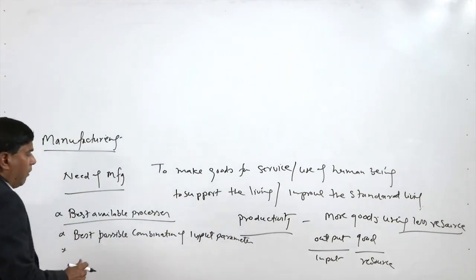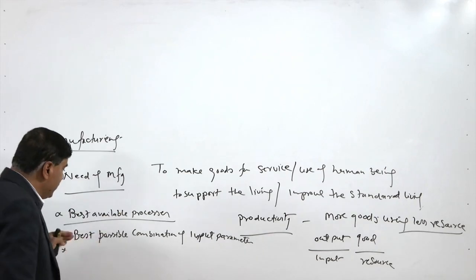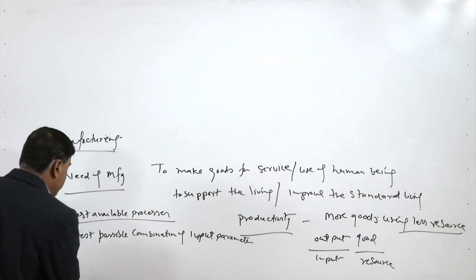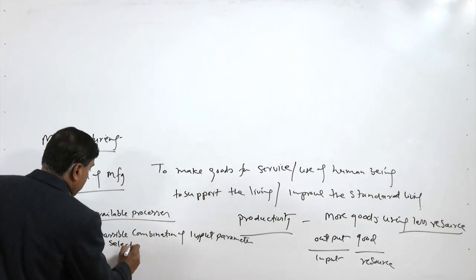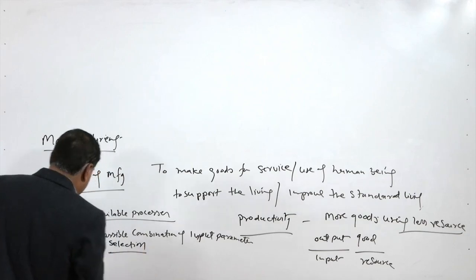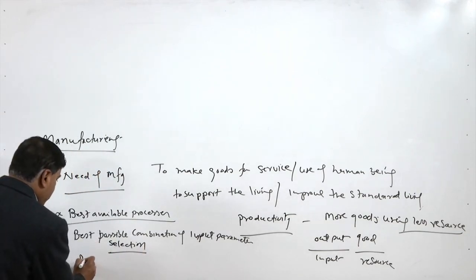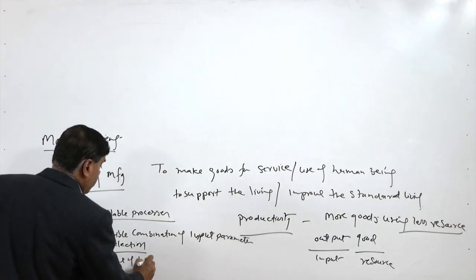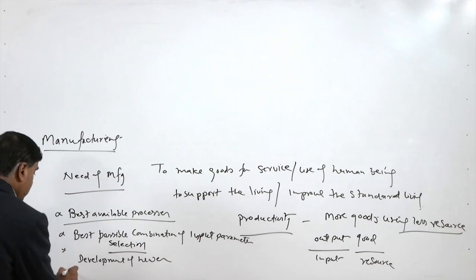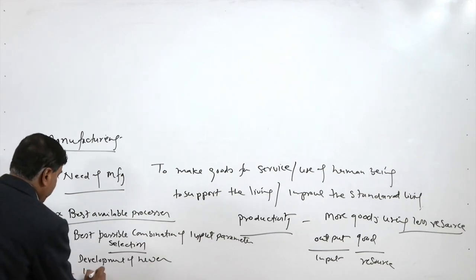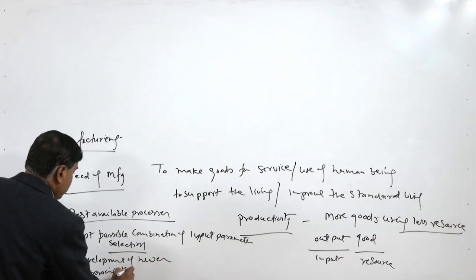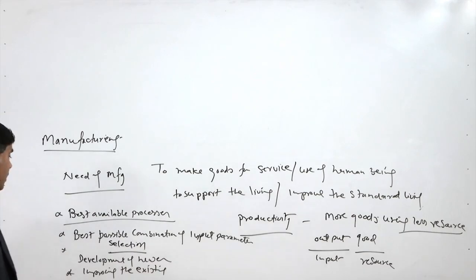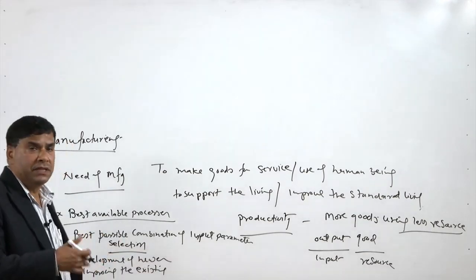Further, this is what is already available and what we can choose from. So, the best possible combination of parameters basically involves selection, so our selection is good. Third, we can develop newer things, and fourth, improve the existing systems, processes, materials, or develop newer materials, newer systems.